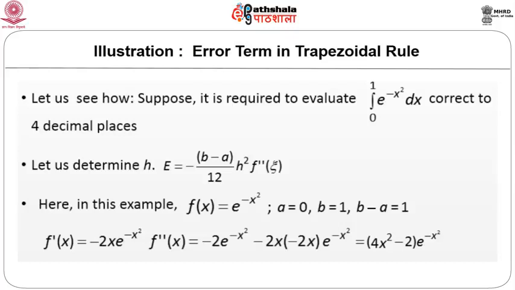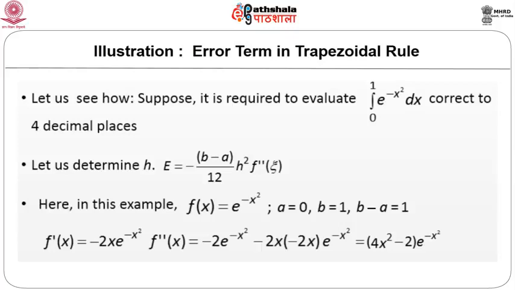So, let us calculate the error term. The error term is minus b minus a by 12 h square times the second derivative at xi. Here the integral is from 0 to 1. So, a is 0, b is 1, f of x is e raised to minus x square, and b minus a is 1.